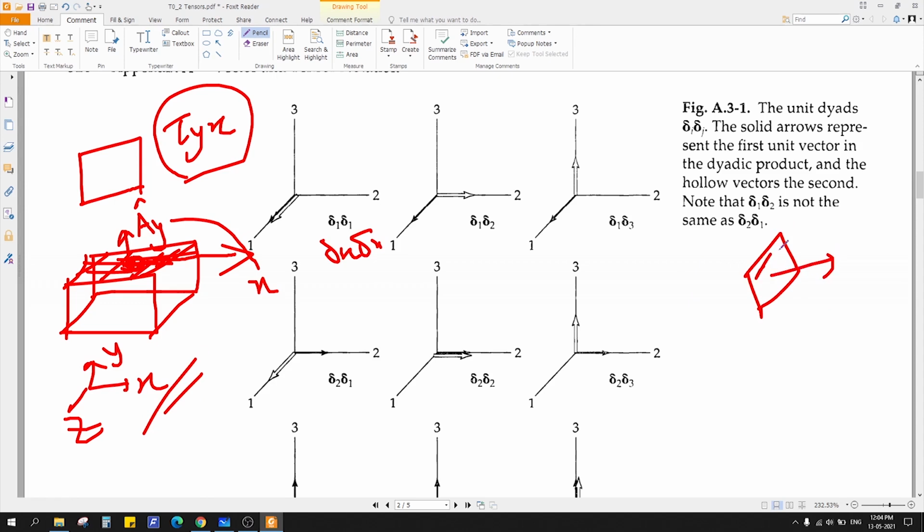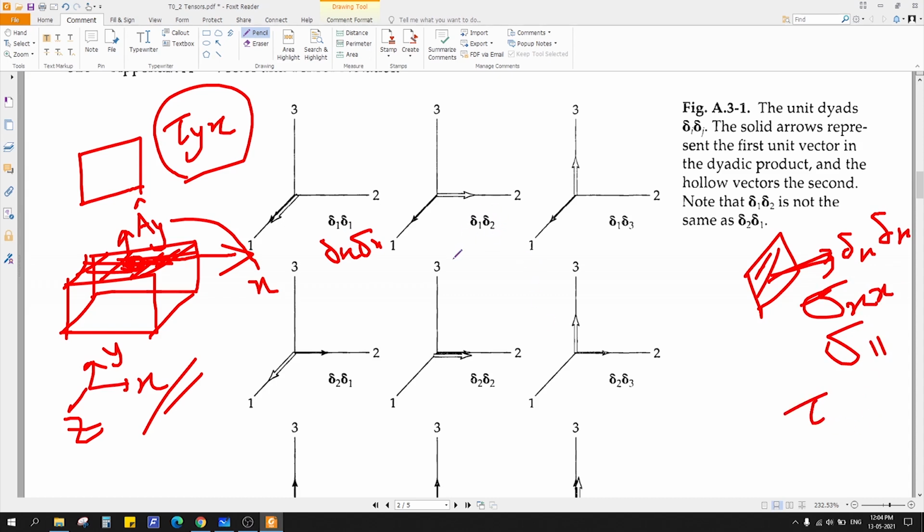What is the direction of this area? x. If the force is acting in the same direction, so also x. So delta 1 delta 1. This is a tensor. Basically, this is normal stress represented by Fx or sigma 1. If it is shear stress, we'll denote it by tau.